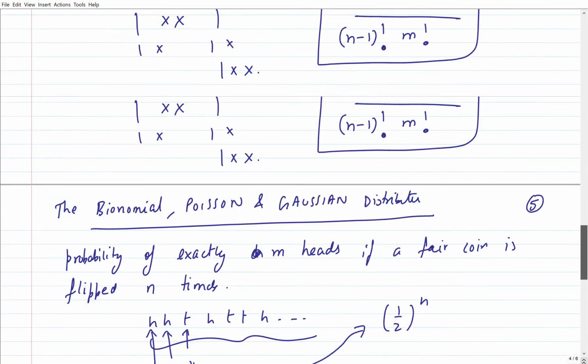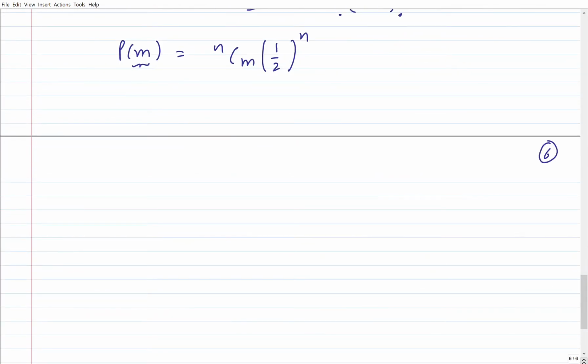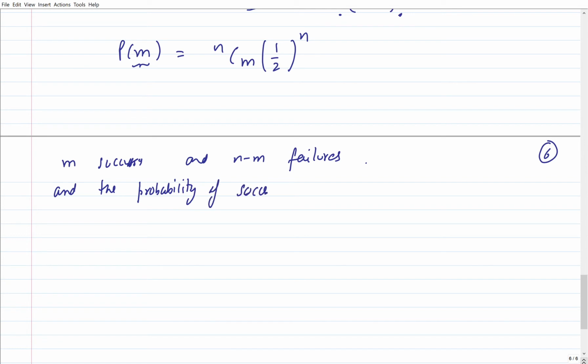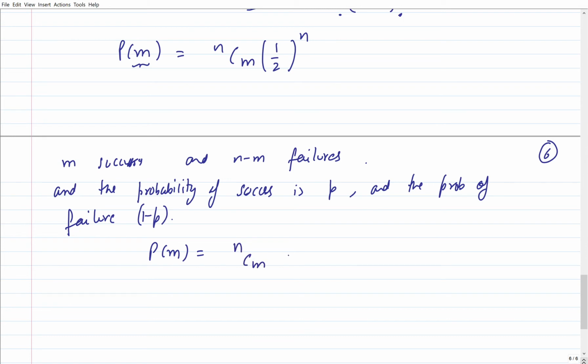So we can generalize this slightly. Essentially, when I have m successes and n minus m failures, and the probability of success is p, and the probability of failure is 1 minus p, the above can be done as n choose m, p to the power of m times 1 minus p to the power of n minus m.